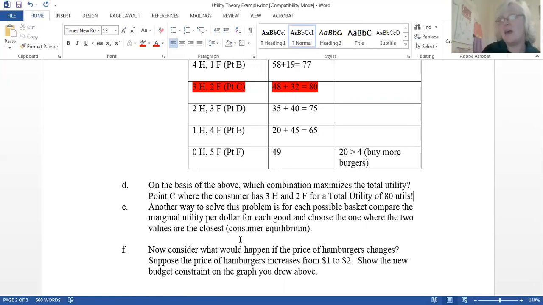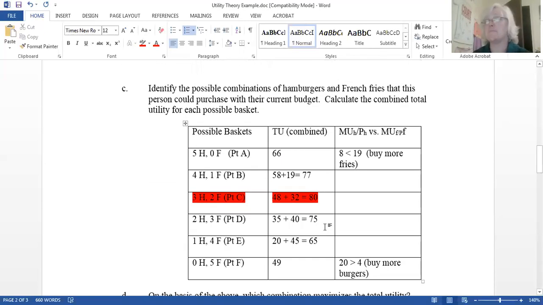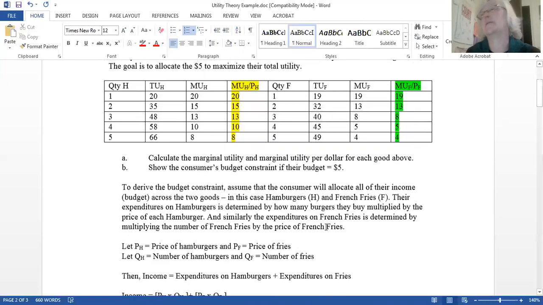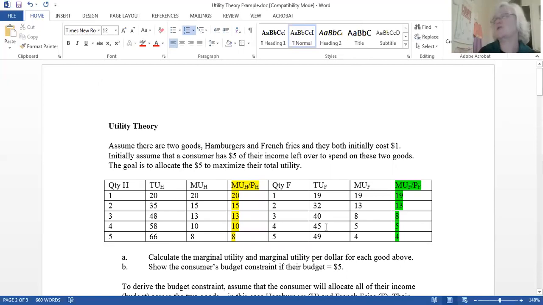And this is to compare the marginal utility per dollar for each good and choose where the 2 values are getting the closest. So let me go back and we're going to do this item by item. Let's look at this marginal utility per dollar. Go back to the yellow and go back to the green.